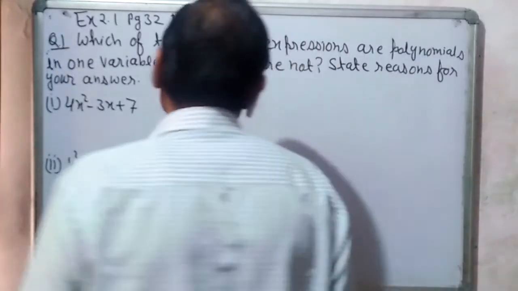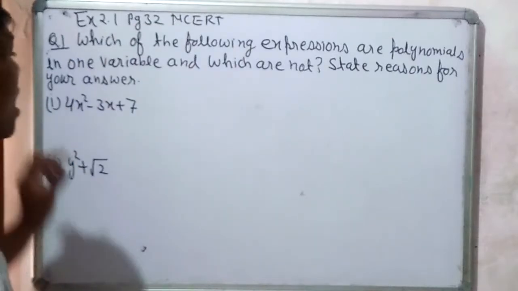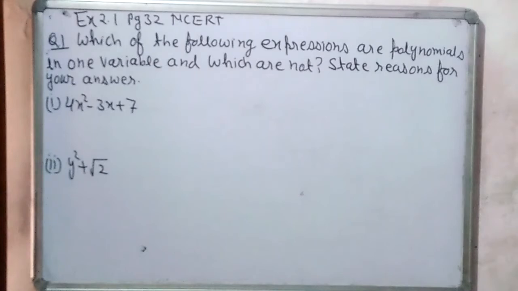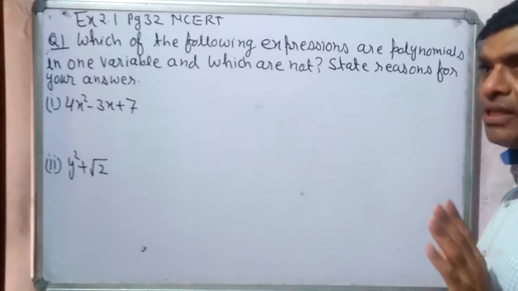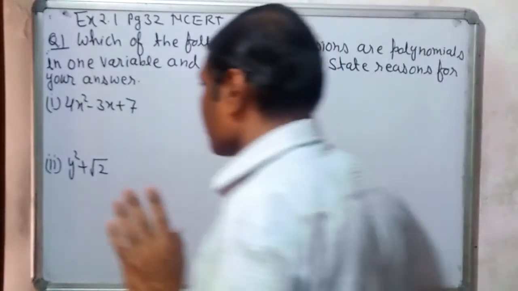So what is the question? Which of the following expressions are polynomials in one variable, and which are not? That also we have to tell, and we have to give reasons for our answer.